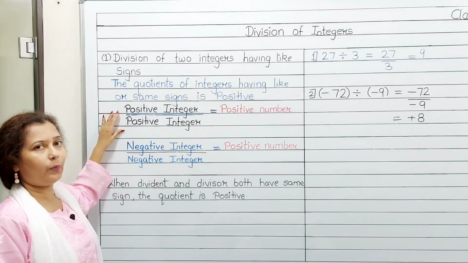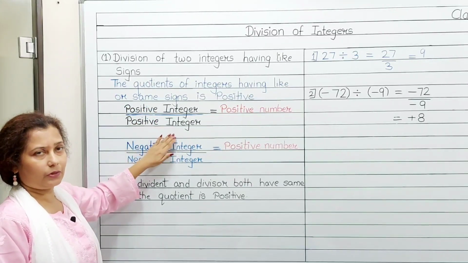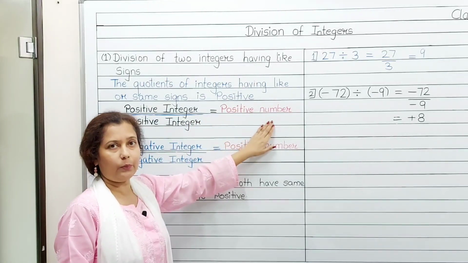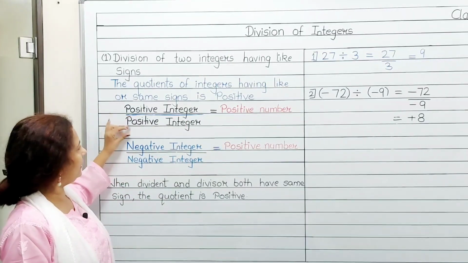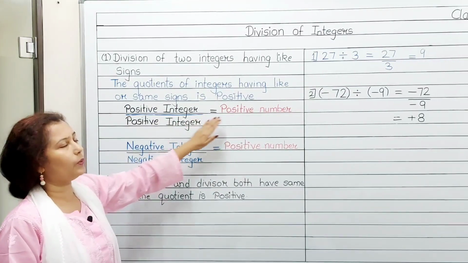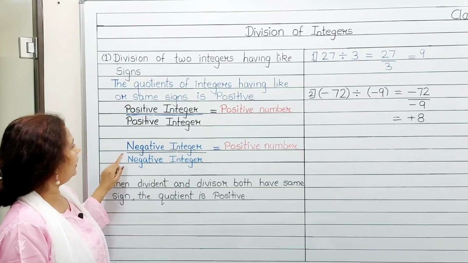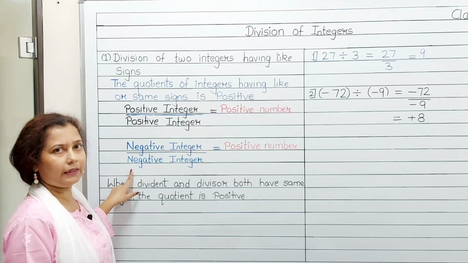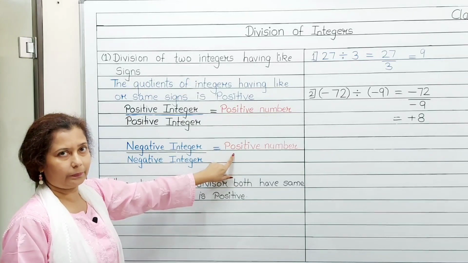That means when we divide a positive integer by another positive integer, the result will be a positive number. Or in other words, when the dividend is positive and the divisor is positive, the quotient will be positive. Similarly, when we divide a negative integer by another negative integer, we get a positive number.